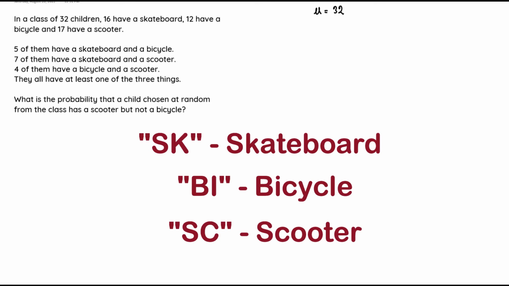So let's say the number of students that actually own a skateboard, that is SK, is going to be equal to 16. The number of students that own a bicycle, we have that to be equal to 12, and the number of students that own a scooter, we have that to be equal to 17.